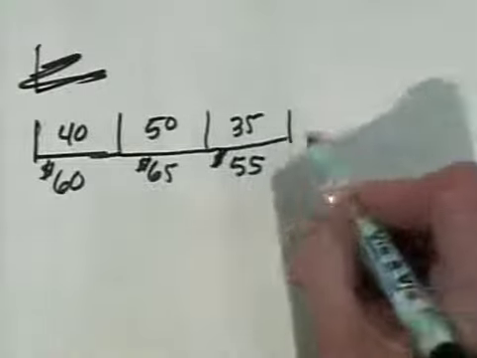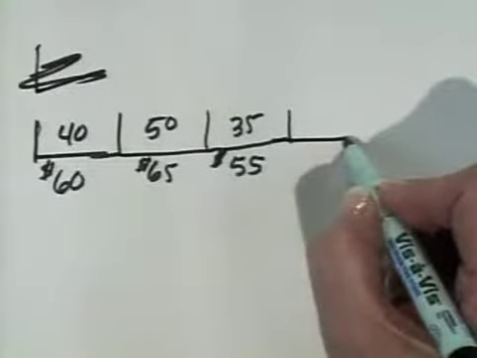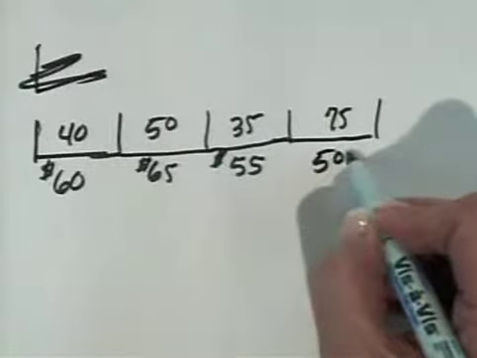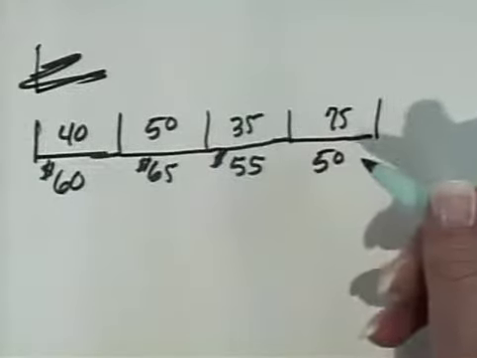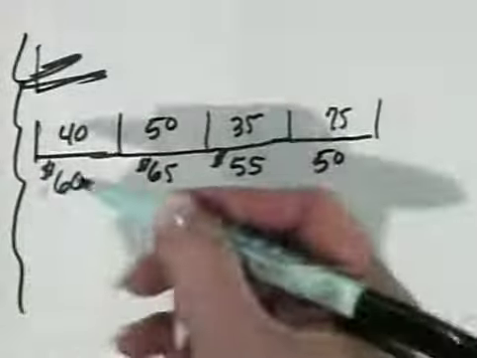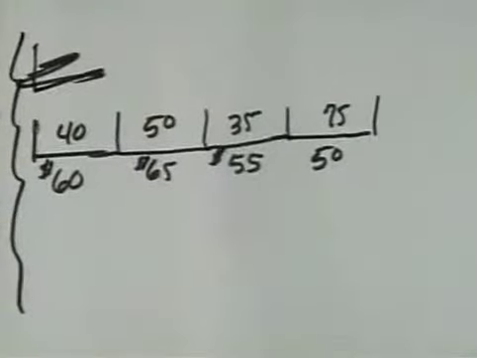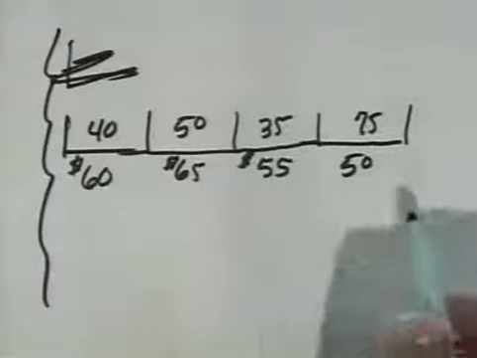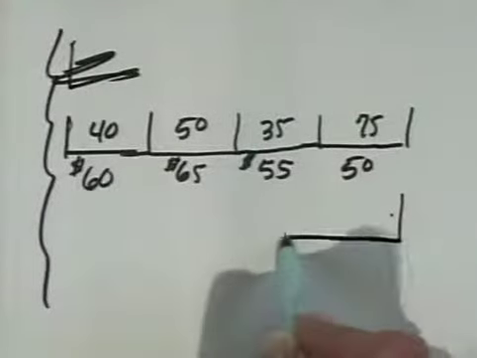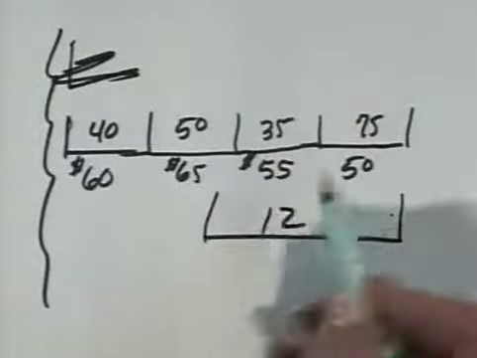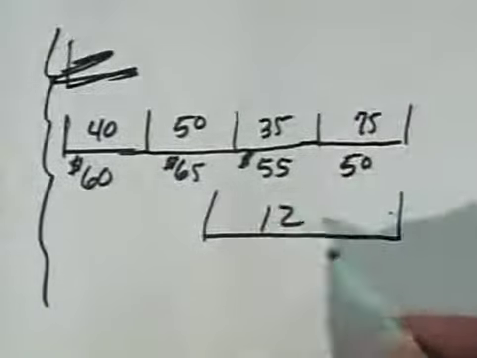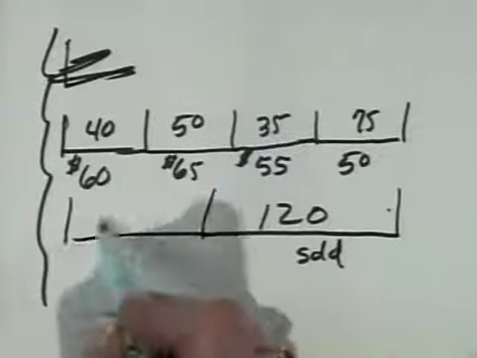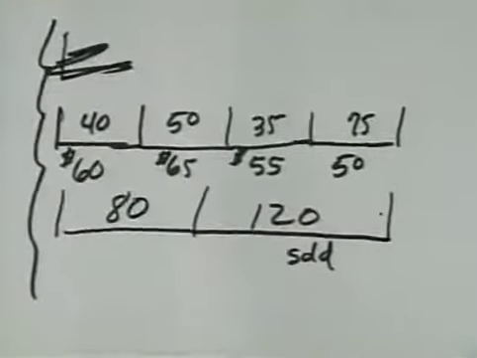I always think of these as folding chairs, so they're real easy to stack against the wall. And 75 more chairs at $50 apiece. So they're all stacked up, and I've got them leaning against this wall. Someone comes in and picks them up and buys them. They buy 120 of them. The 120 that they buy are right here. I have 80 chairs left.